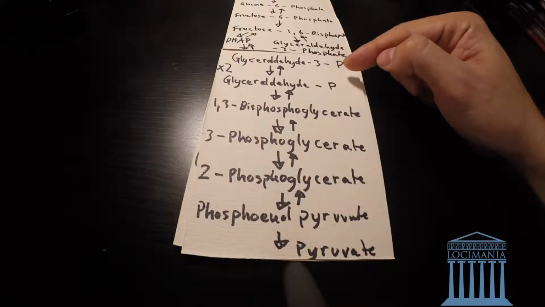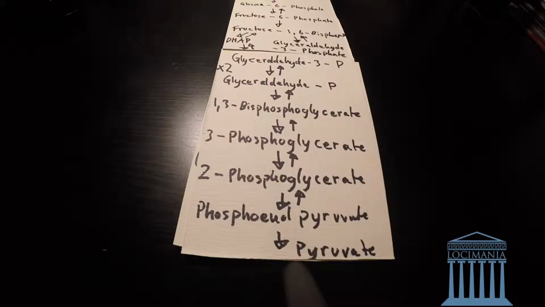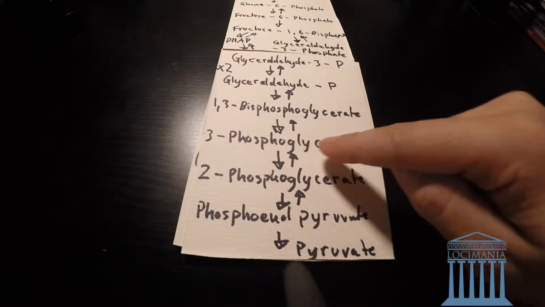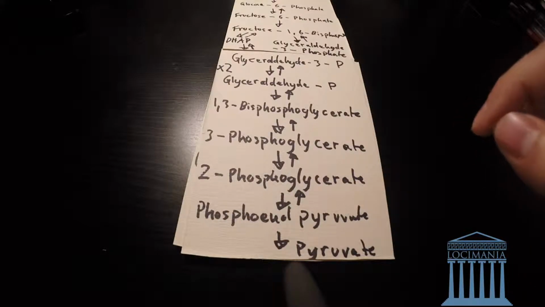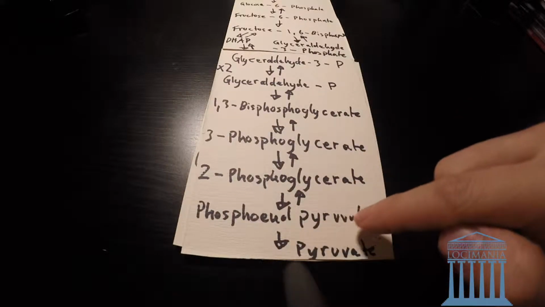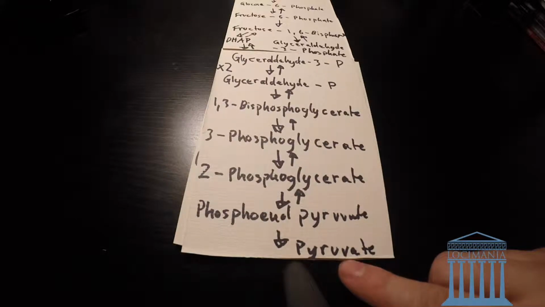So glyceraldehyde 3-phosphate will give us 1,3-bisphosphoglycerate, and then 3-phosphoglycerate, 2-phosphoglycerate, phosphoenolpyruvate, and lastly pyruvate. This is the end product of the glycolysis. So pyruvate is the end product of glycolysis.